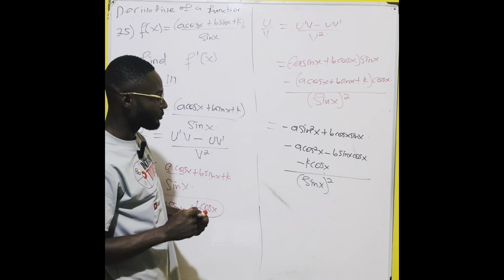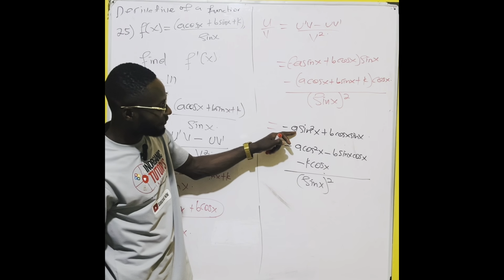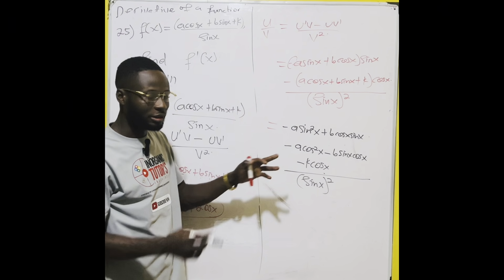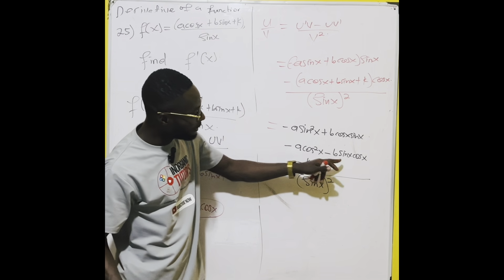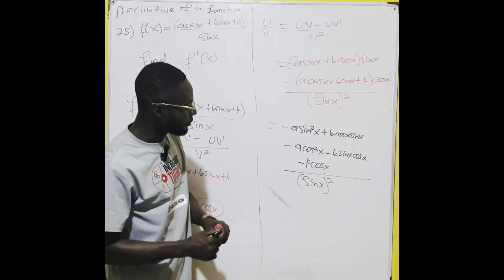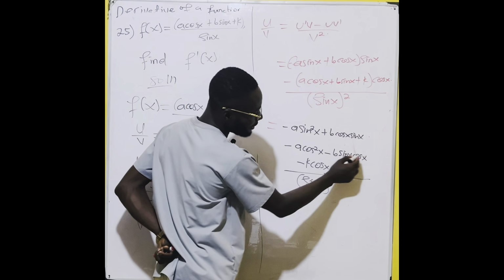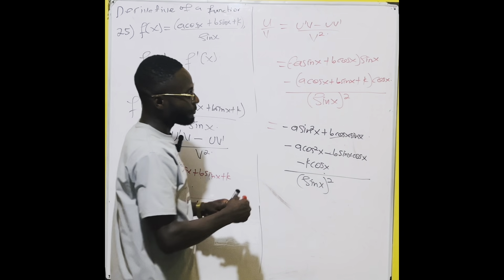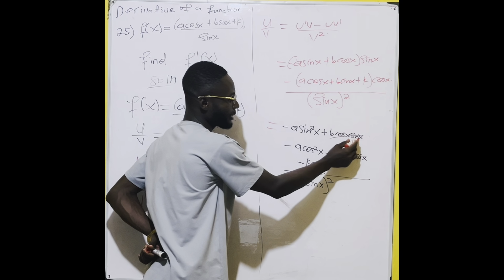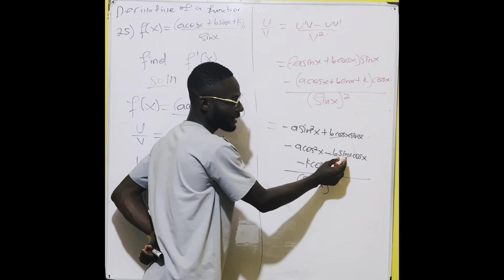So from here we can see that this and this have something in common, and this also has something in common. So we know that this and this will cancel, because this is positive b cos x sine x, and this is negative sine x cos x.